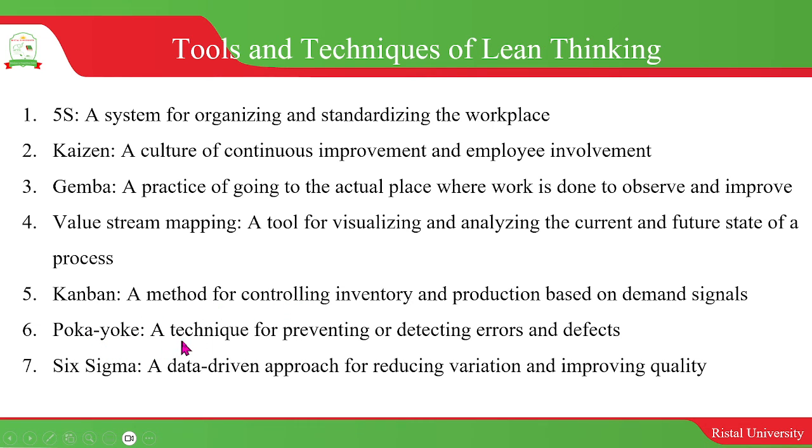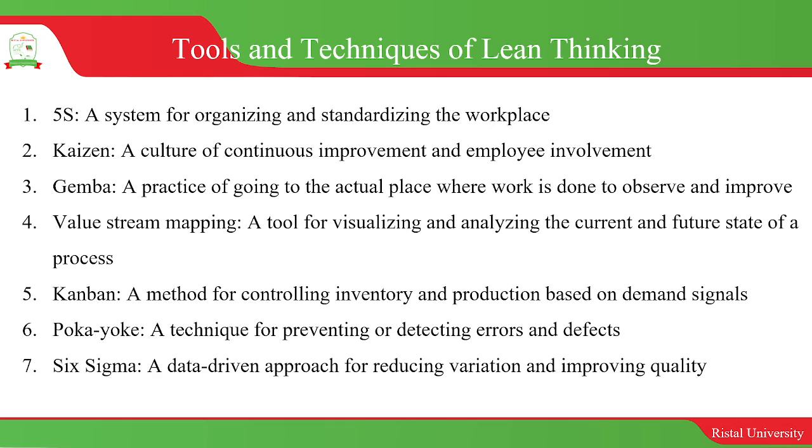Poka Yoke is a technique for preventing or detecting errors or defects. Okay, we shall look at this. For example, if we look at the pharmacy itself, we have the thermometers that are always there to monitor temperature, and they have alerts. They have colors that change. All these are techniques that are just there to remind us so that we know that something is going wrong.